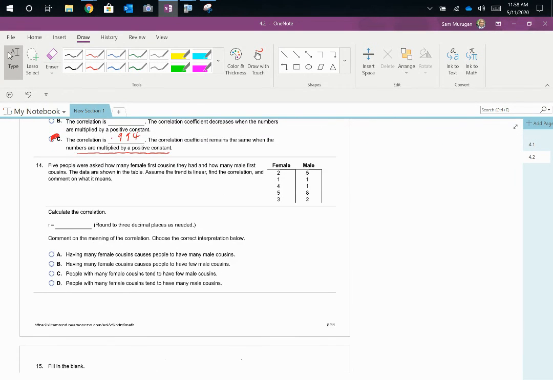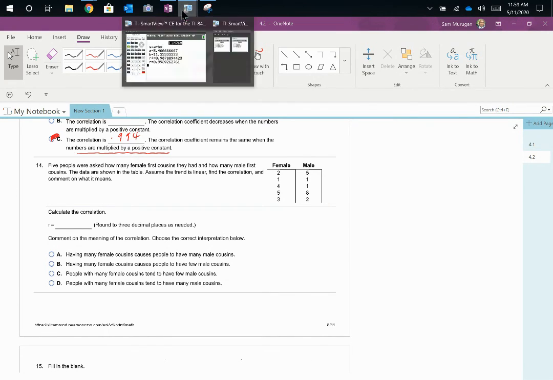Moving on here. 5 people were asked how many female first cousins they had and how many male first cousins they had. And there's the data, female and male. I'm going to use the calculator for this one because it's more convenient. If you guys want to use StatCrunch when you open up the program, that's fine.